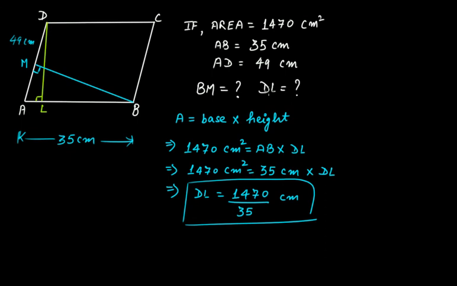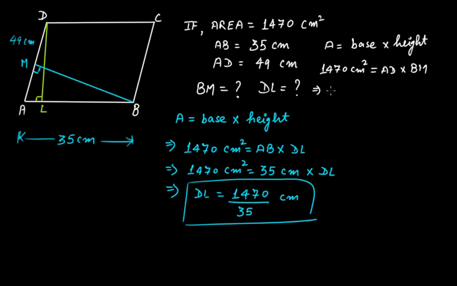Okay, now what about BM? Same thing we'll do in the case of BM also. If we consider AD as the base, so your area is what? Base times height. Area we know is what? 1470 centimeters square. Base, in this case, if we consider AD, and the corresponding height is what? BM.